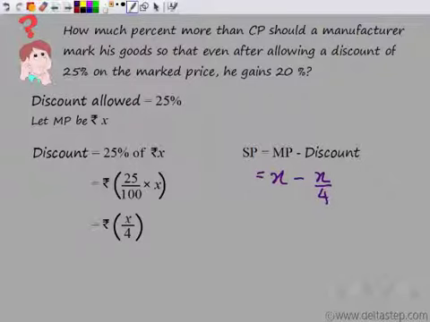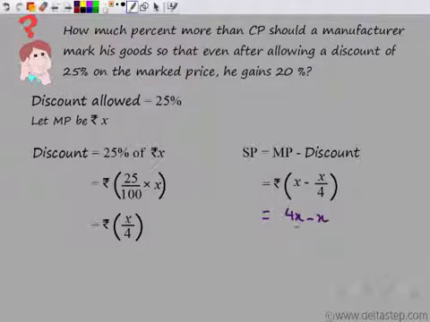So substituting these values, I get X minus X by 4. Now taking the LCM as 4, this would be 4X minus X upon 4, which is equal to 3X by 4. So I get the selling price as 3X by 4.